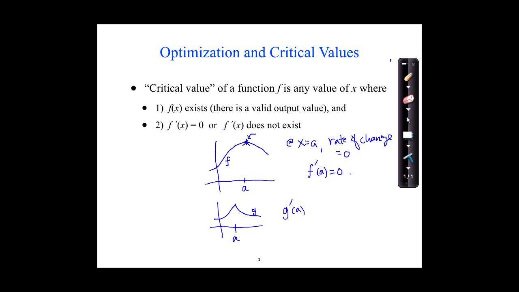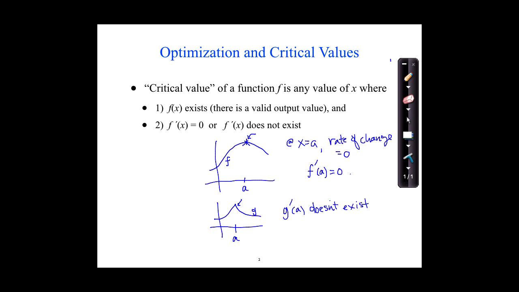It was increasing up until I got to a, and then decreasing after, but right at a, it's not that the function isn't defined, but just that the derivative, if that's a sharp corner, like a cusp is the name of this, like a curved vertex, there's not a derivative value there, because if you try to zoom in to find a constant rate of change, due to the abrupt change, it was going up and then it stopped going up, it was just going the other direction suddenly, there's not a derivative. So this g prime at a doesn't exist. And so either of those would be spots that would be called a maximum of a function.